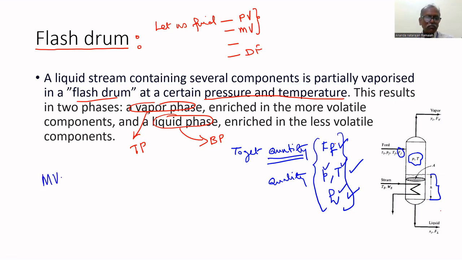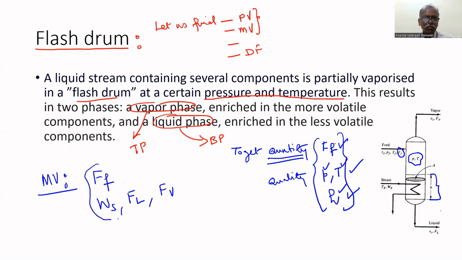What are the manipulated variables? To control all this, we have to identify them. One is we can use feed flow rate as one manipulated variable, steam flow rate as another manipulated variable, liquid flow rate as one manipulated variable, and vapor flow rate.